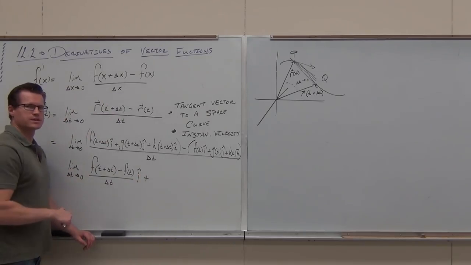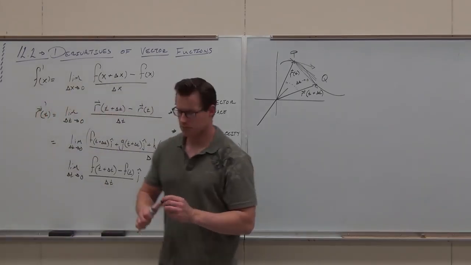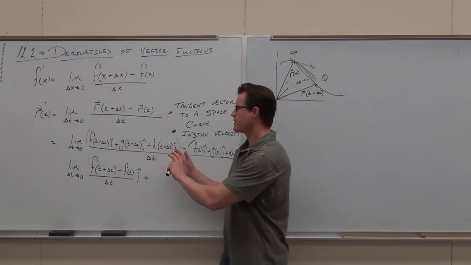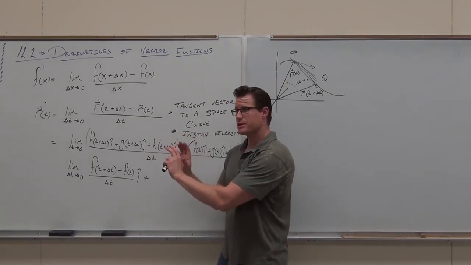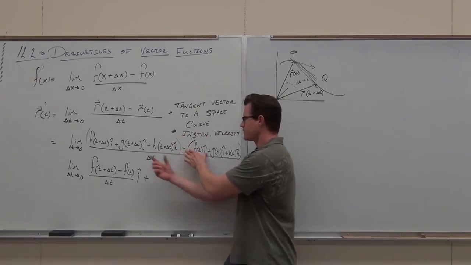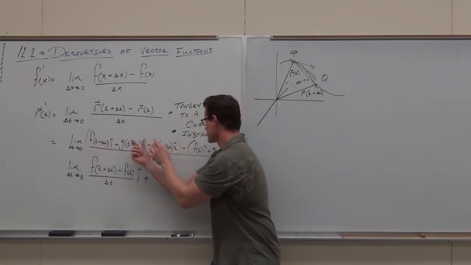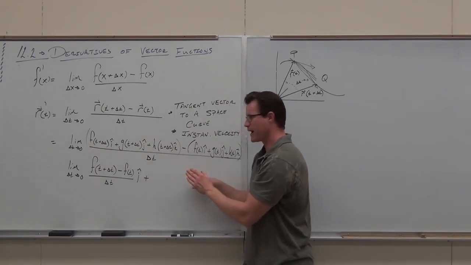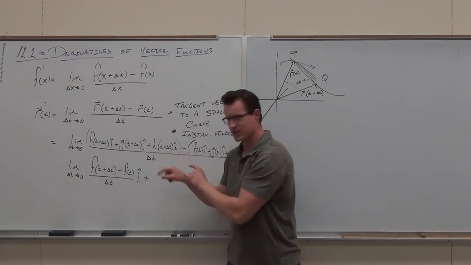I want to do it once because I'm running out of time and I don't really want to write it ad nauseum here. Do you understand that I can do these two things? I can group my f's, my g's, and my h's, and I can also break them into 3 fractions, each of which has the same denominator of delta t.